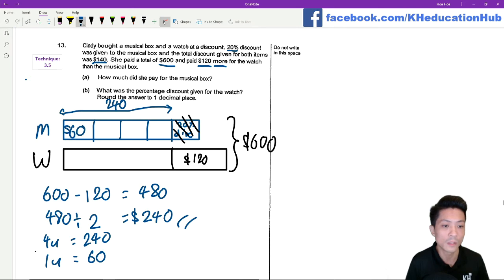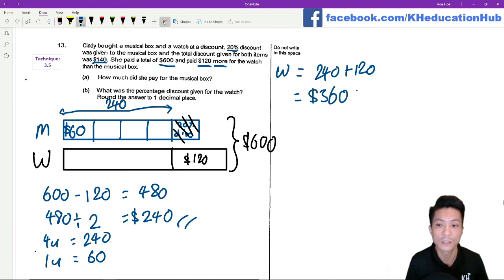This would be $60. Which means that the price of the watch is equal to 240 plus 120, which is 360. This is after discount.